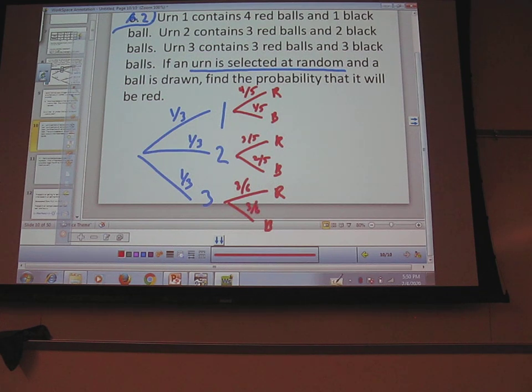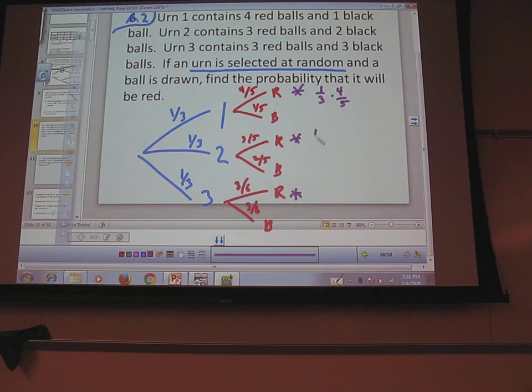And then they want to know the probability it will be red. So we want to know these solutions here. This one, and that one. So we need to find them. So here, this one is 1/3 times 4/5.